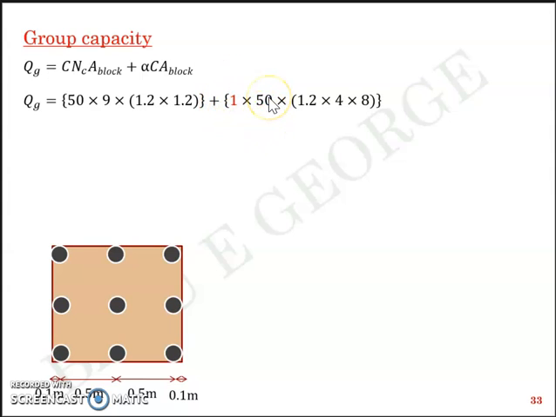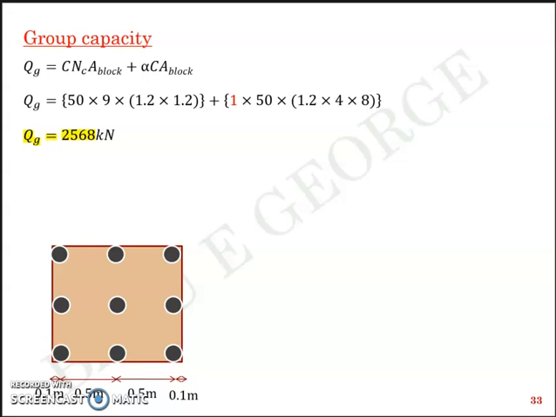C is already given in the question. AS block, I'm sorry, I missed an S here. It's AS block, which means the circumferential area of the block, that is perimeter 1.2 into 4 multiplied by depth 8 meters. Solving this equation, you get the group capacity in group action as 2568 kilonewton.